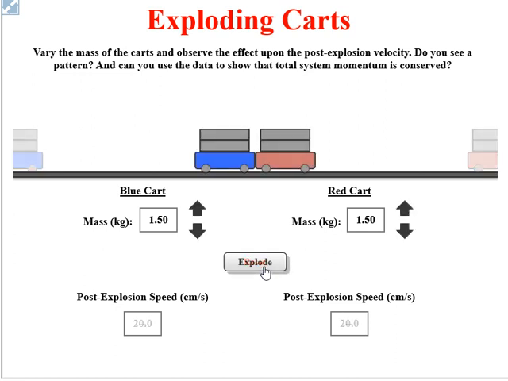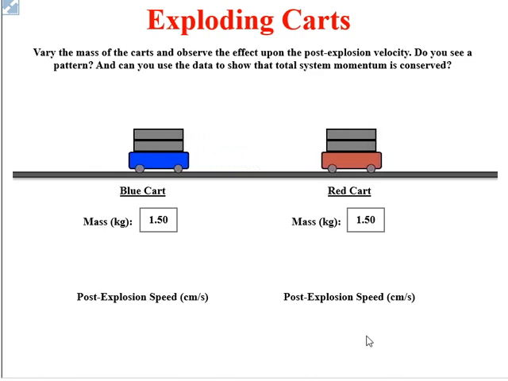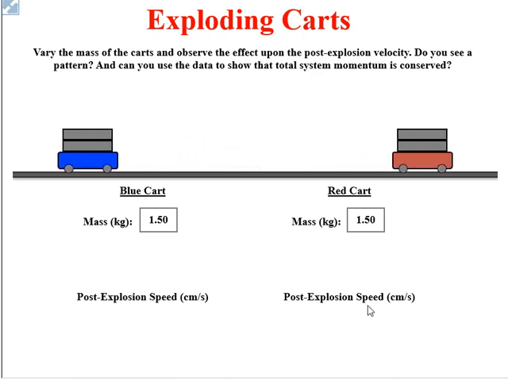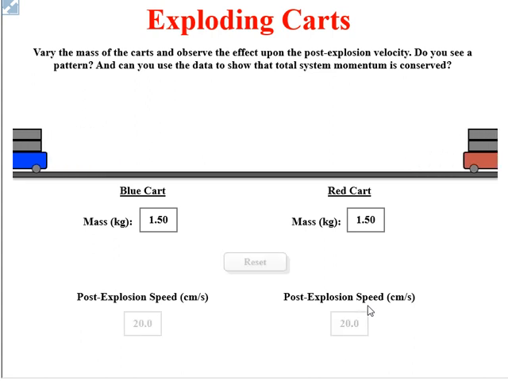And so we'd be able to calculate what the momentum is of that. Now, we see that when we explode them, we get the same speed, but the velocity of one of them is going to be in the opposite direction to the other. So, for example, the blue one we could say has a positive velocity. It doesn't matter which one we say has a positive velocity. Let's say the blue one has a positive velocity, then that means the red one has to have a negative velocity.